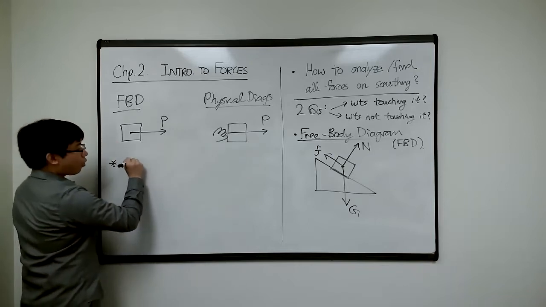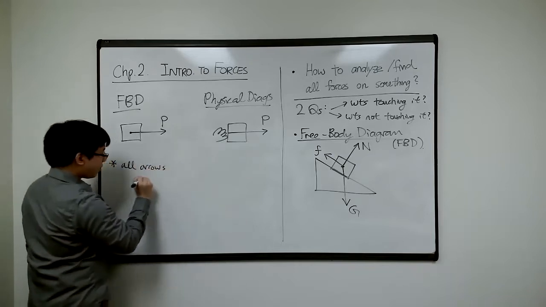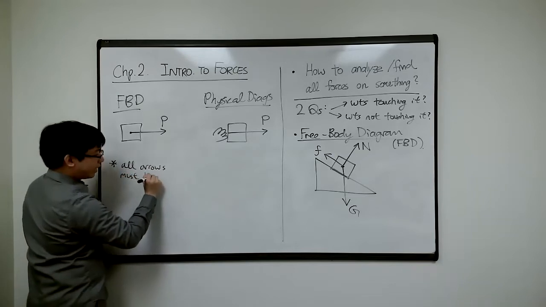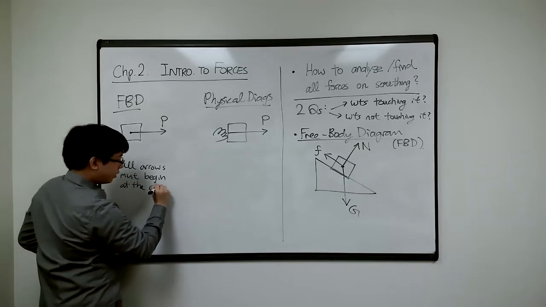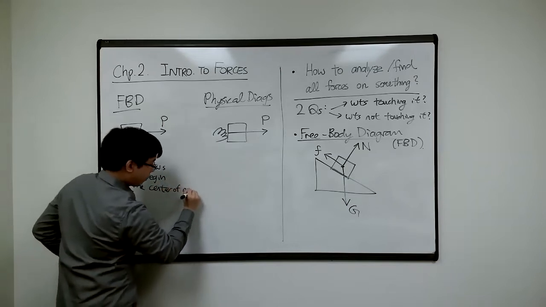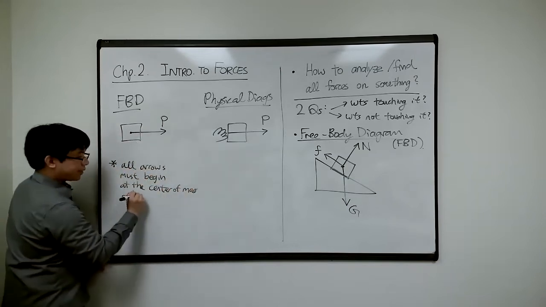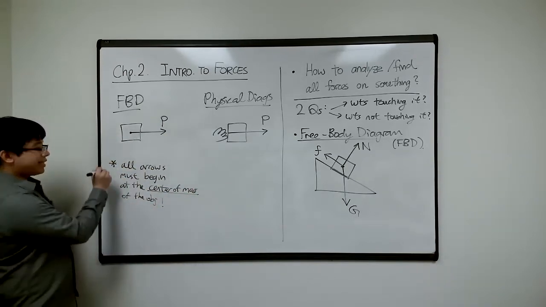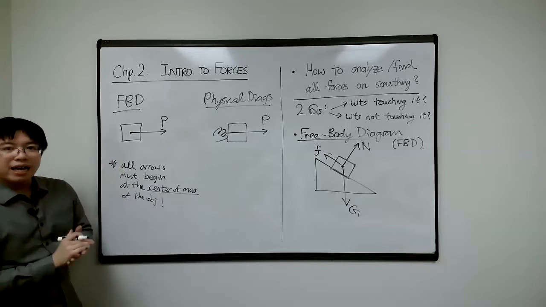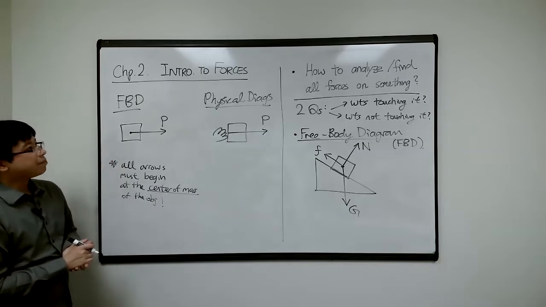So all arrows must begin at the center of mass of the object. Okay. So this is a feature of free body diagrams.